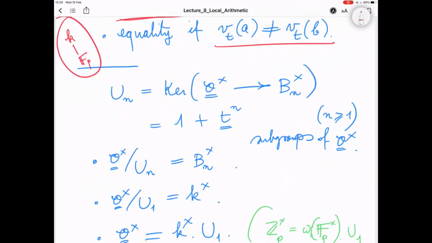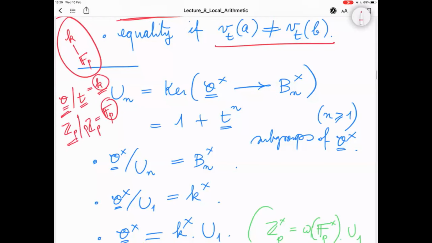For example, you had this ring O and you had this unique maximal ideal. And the quotient was equal to k. And what was the thing in the case of Zp? This was equal to Fp. These things are called residue fields, right? This is the residue field of Zp, and this is the residue field of O. Now the similarity is that in both cases, the residue fields are finite.